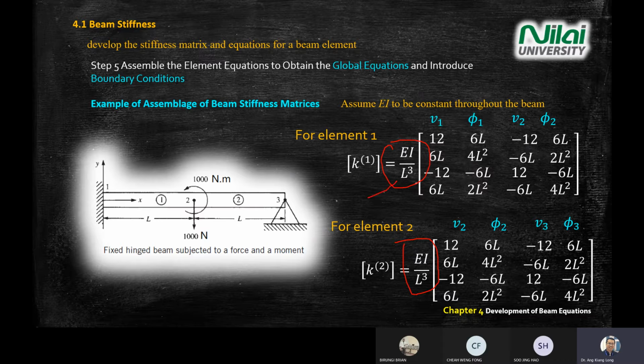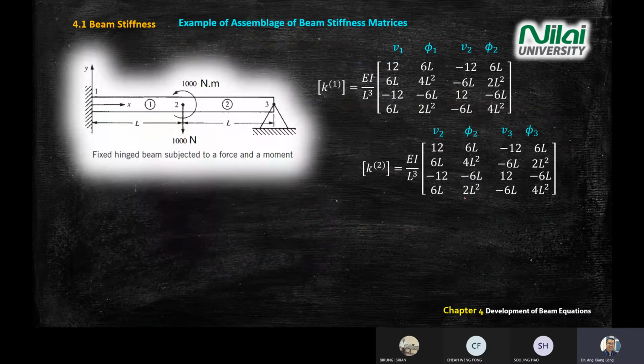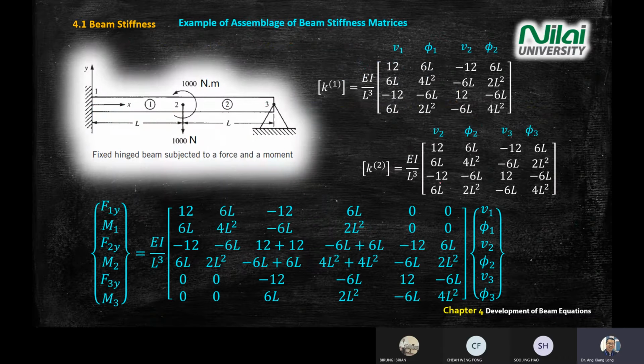The L will be different in the test, so this L will not be the same as this L. So when you combine these two into a big matrix K, make sure these two are the same, meaning you factor them out until you get the same factor. Then you combine them into a big matrix.